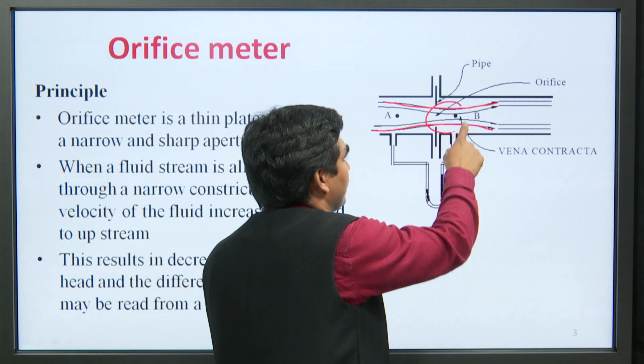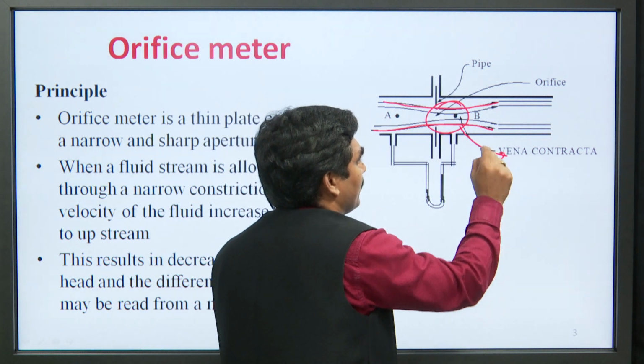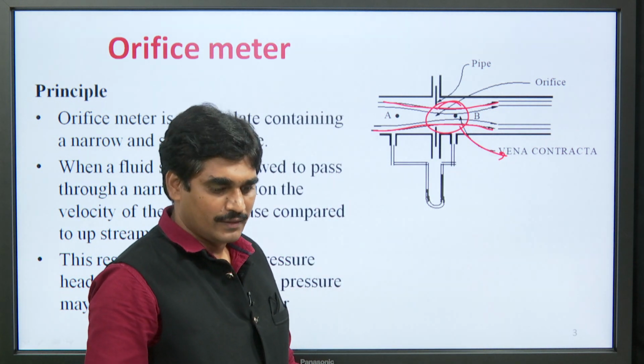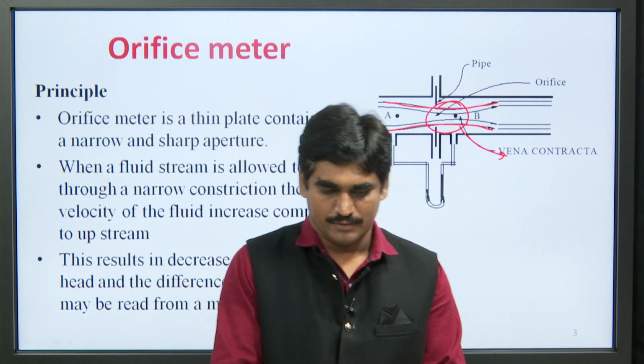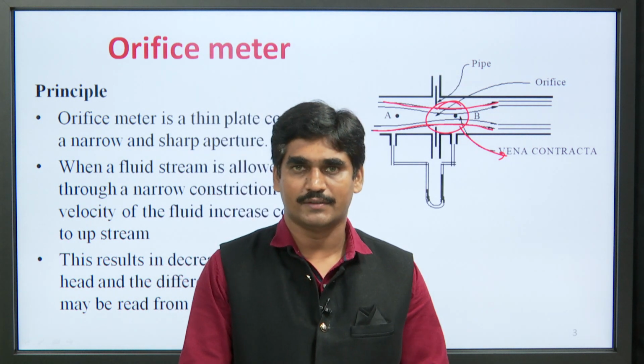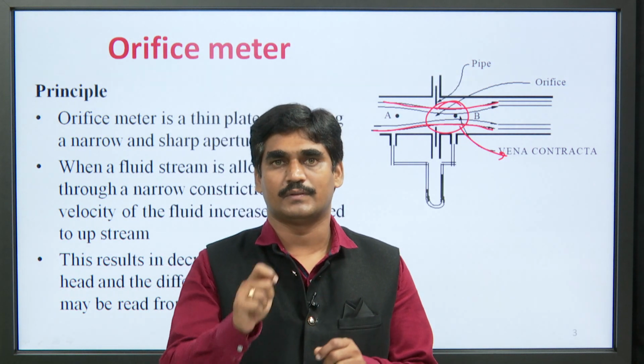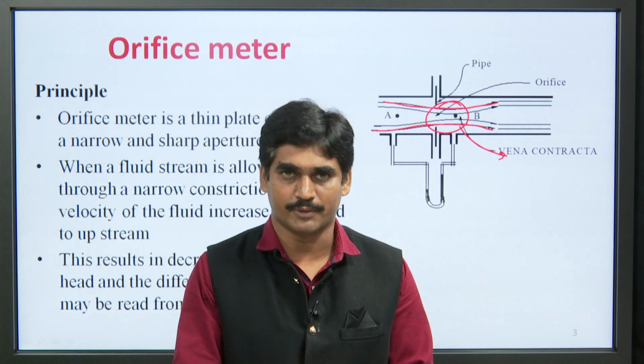This narrow constriction part is called as vena contracta, that is taken as a point B. So, in this case a thin plate is there which contains a narrow and sharp aperture.